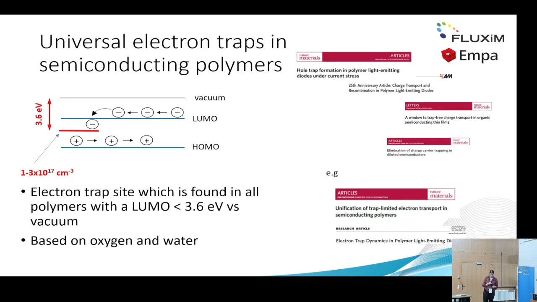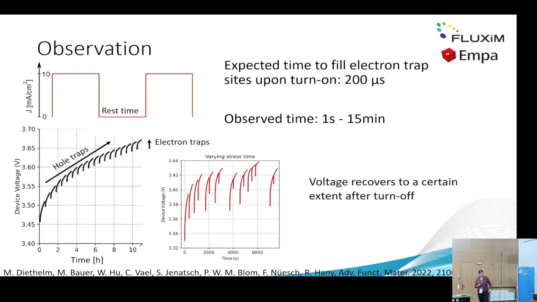0.65 electron volts. Now, the reason why this is important is because during our studies, we noted that when we apply a constant current of about 10 milliamps per square centimeter in our case, we can observe the increase of device voltage not only due to hole traps, but also due to a kind of electron trap with a trap depth of about 0.65 electron volts, which suspiciously sounds close to the electron trap which is usually present in most of the polymers.